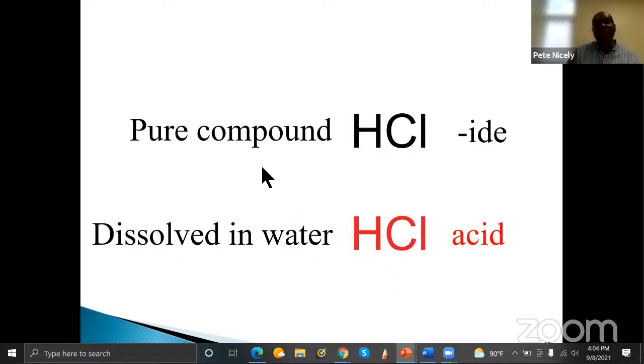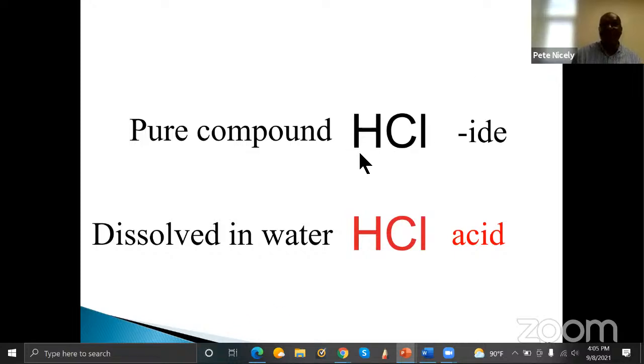If you're talking about a pure compound, it is named as a binary molecular compound. There's one important difference between naming these compounds and other ordinary binary molecular compounds, and that is that no prefixes are used. So, for example, in the case of, hold on, I can't write on this.